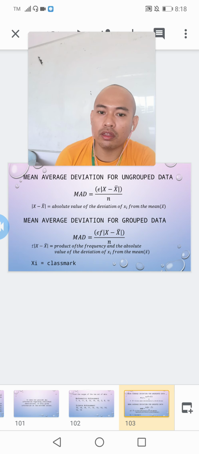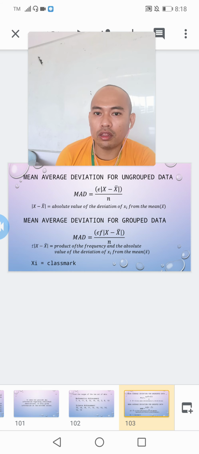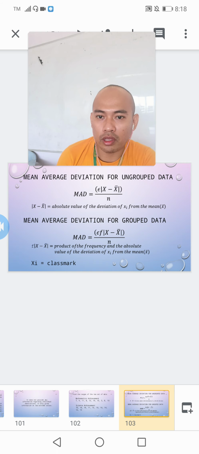All right. So later on, I'll be presenting to you a dummy table, which will be our guide to come up with the value of the numerator of that particular formula for ungrouped data. While for grouped data, we will be utilizing the second formula presented below. It is given by the summation of the frequency multiplied by the absolute value of x minus x bar, all over n, where the product of the frequency and the absolute value of x minus x bar is the product of the frequency and the absolute value of the deviation of x sub i from the mean.